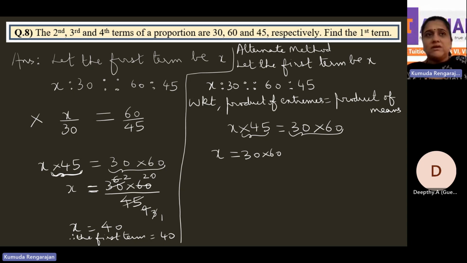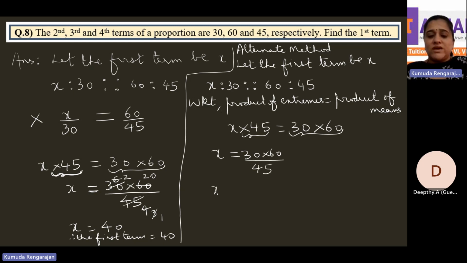The preference will be to the people who are already there, not the newcomers. So x is equal to 30 into 60 is already there in the RHS, so give preference to that first. Now who wants to travel to the RHS? Into 45 wants to go to the RHS. But it's multiplication here, so it will go for division. So it will be here, divided by 45 like this.